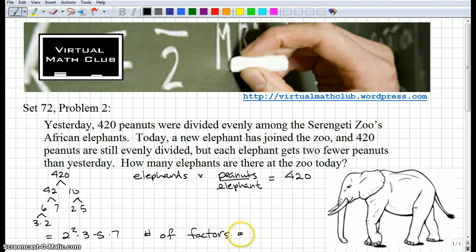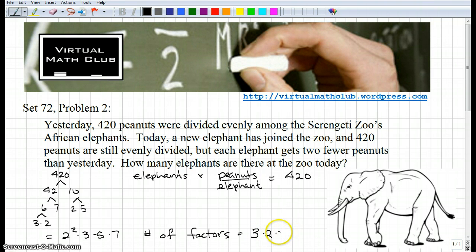So for the number of factors, we just need to choose how many 2's it has. We can have 0, 1, or 2 factors of 2, so that's 3 choices. For the number of 3's, we can have 0 or 1, so 2 choices.